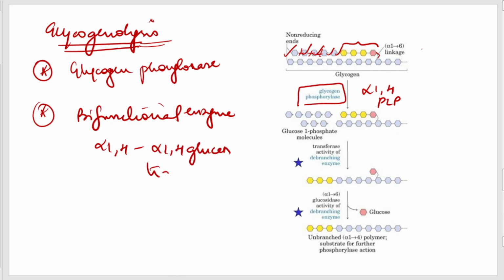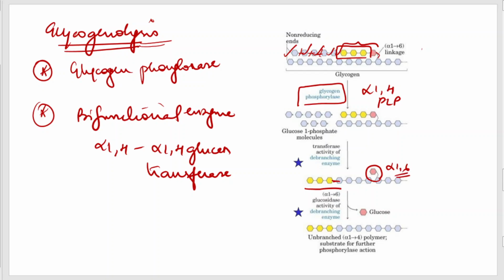Here the last three glucose residues are removed from the branch and transferred to another linear chain, forming an alpha 1,4 linkage there. Now we have only one glucose residue having an alpha 1,6 linkage.